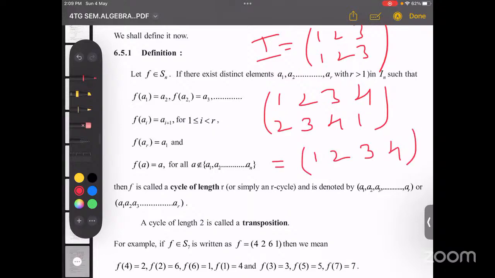If we write the permutation in this form, it is called a cycle. How did you get this? 1 maps to 2, after that 2 maps to 3, 3 maps to 4, 4 maps to 1. If you write it like this, it is called a cycle.